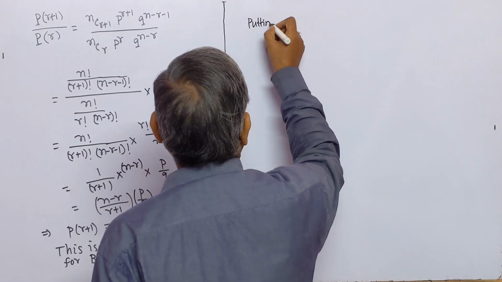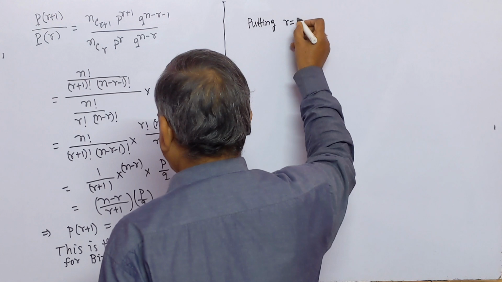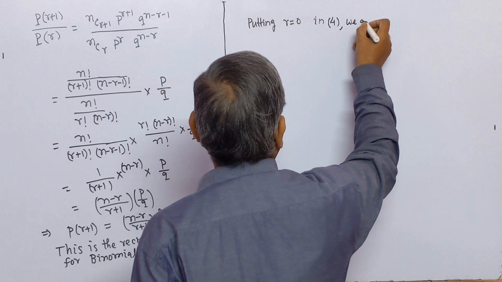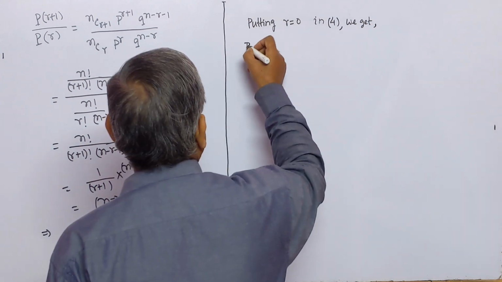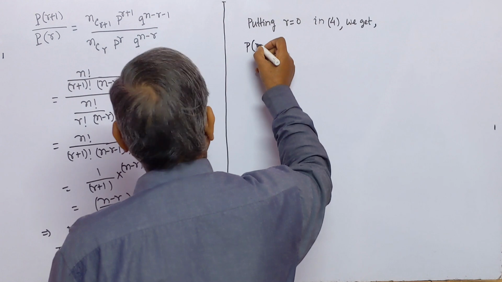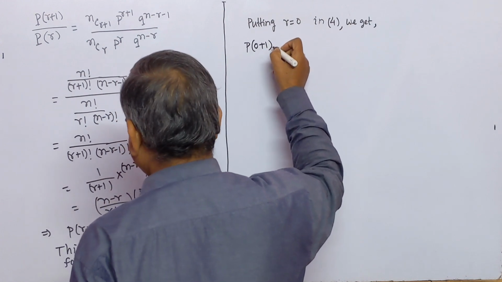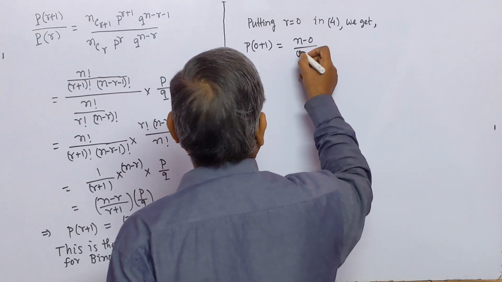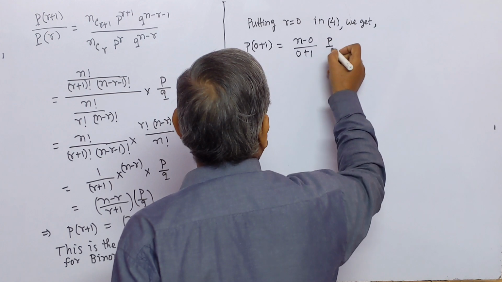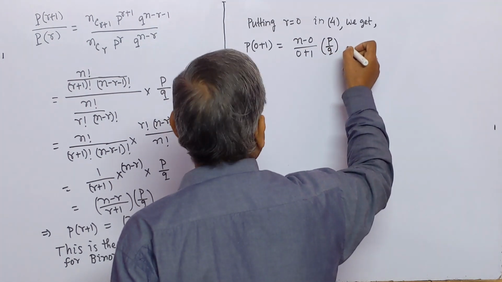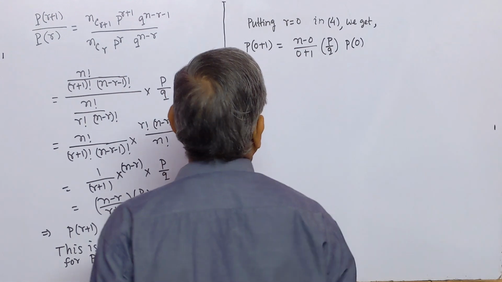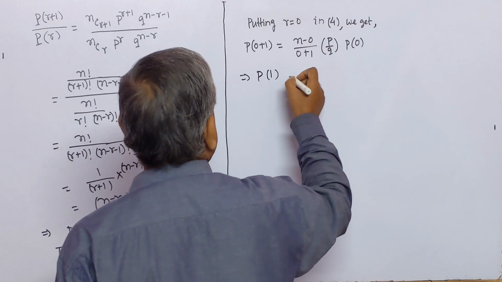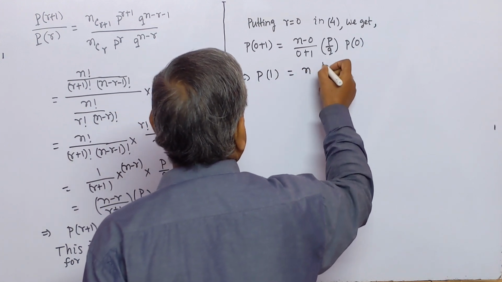Putting r equal to 0 in 4, we get P(0+1) equal to (n-0) by (0+1) p by q P(0), implies that P(1) equal to n p by q.